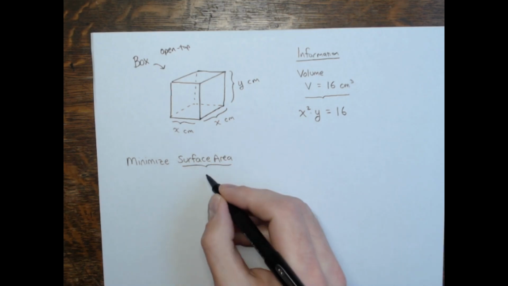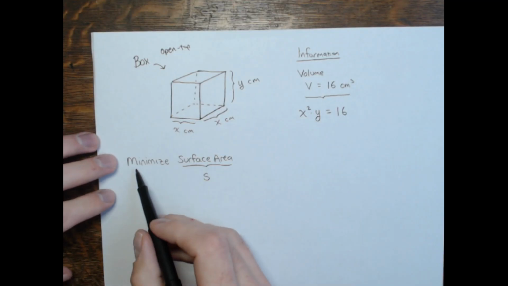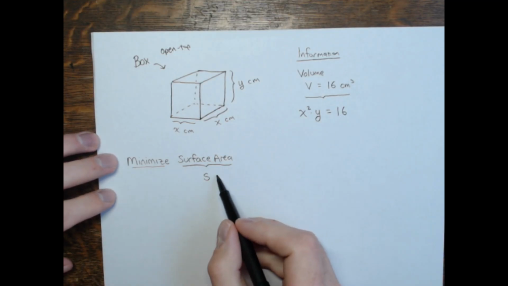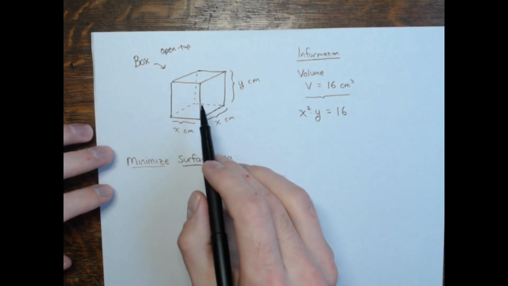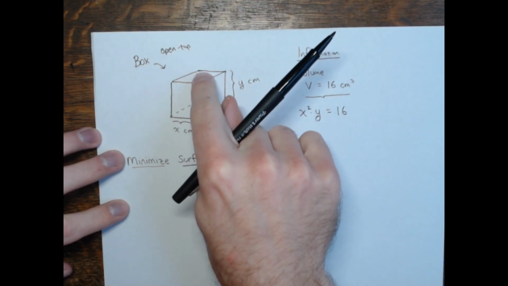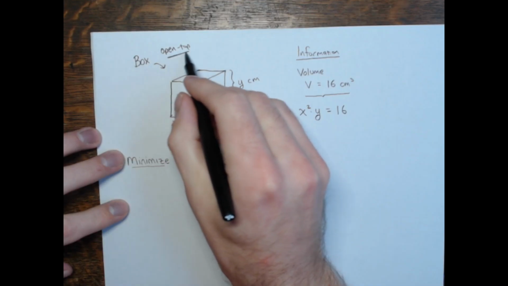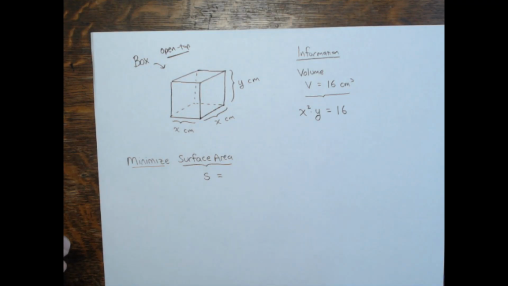So again, I'm going to call the surface area S, for surface, big S. So remember, like last time, I'm going to write an equation that tells me the surface area. Now that's the area of all the faces except for the top. Again, it's an open top. So only the front, back, right, left, and bottom, the five faces with actual material.